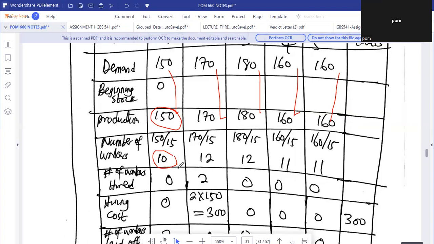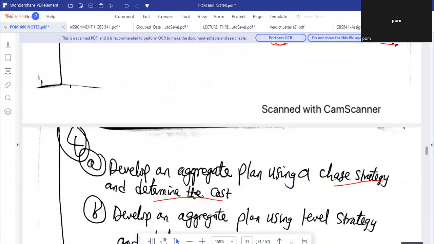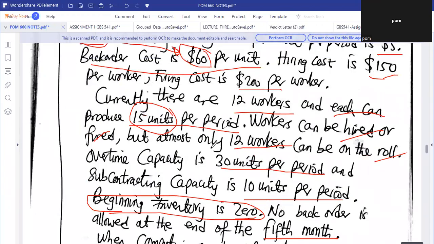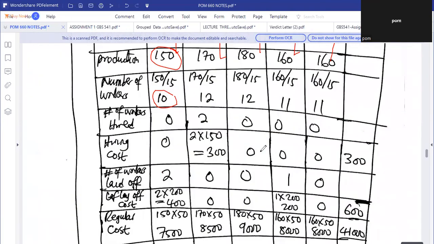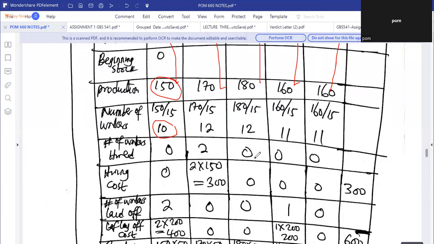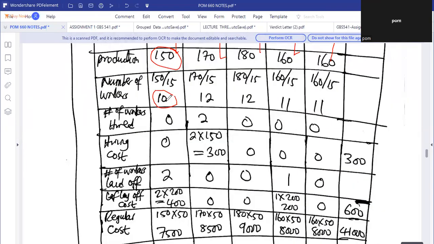All right, then. Here we have been told that there are currently 12 workers, and each can produce 15 units. Currently there were 12 workers, but how come we have found 10?